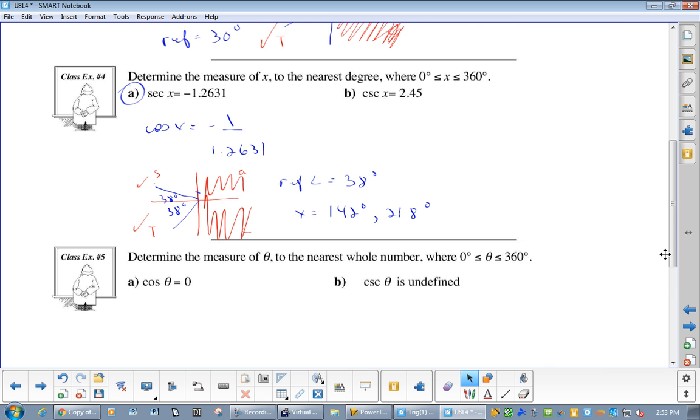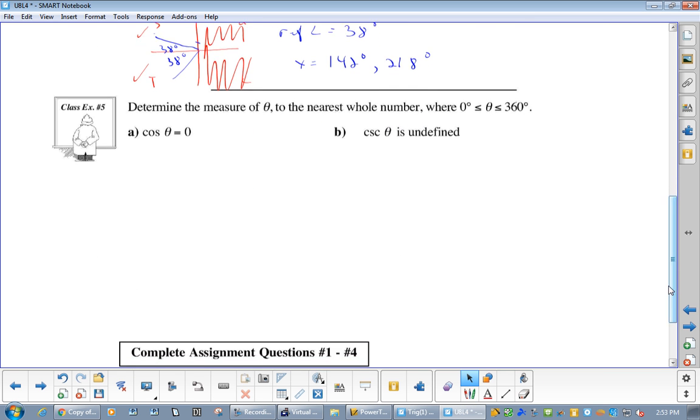Okay. Now these two are kind of rare cases, so we want to go through them. But when does cos equal 0? Okay, what do we know about 0? Is it positive or negative? Neither or both, I guess, right? Well, find reference.